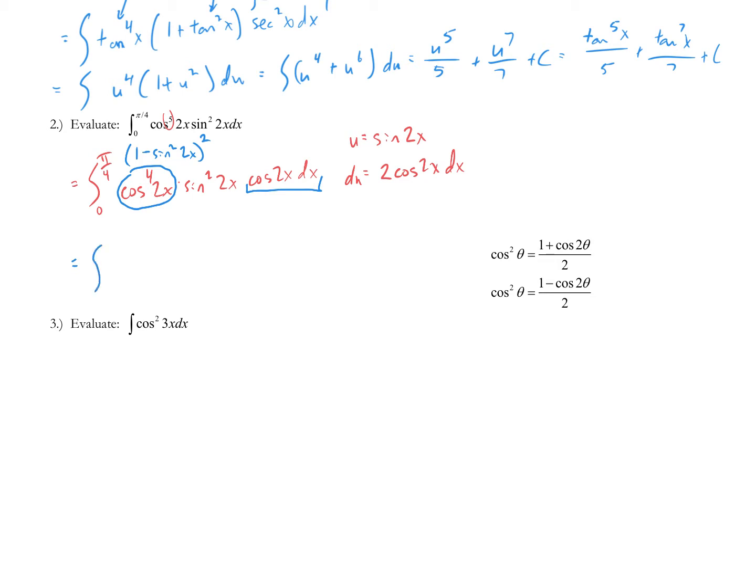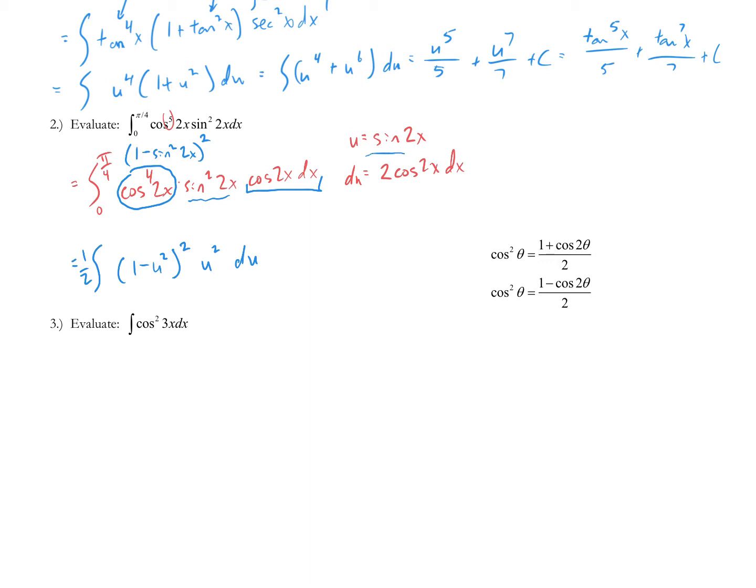All right, so let's see if we can make our substitution here. I'll come back to the bounds in just a moment. We have 1 minus u squared, squared. That's the parentheses part. Then this guy here is just a regular u squared. And then the cosine 2x dx is just du over 2. So I'll pull my 1/2 out in front now. All right, what about those bounds, top bound and bottom bound?